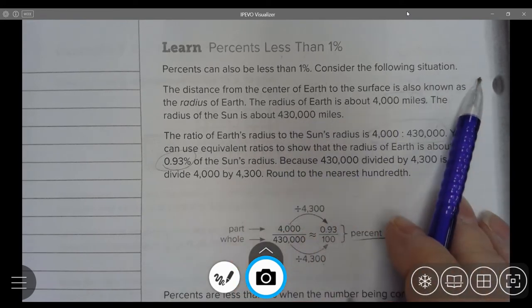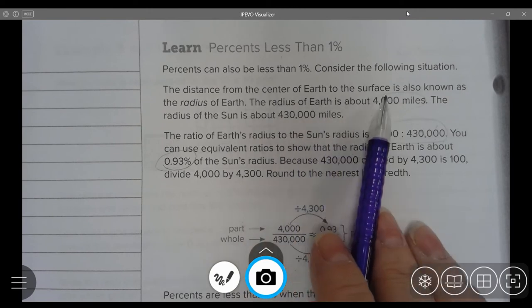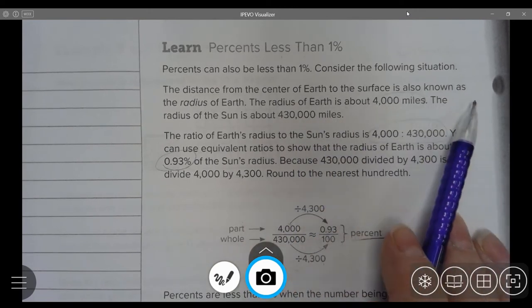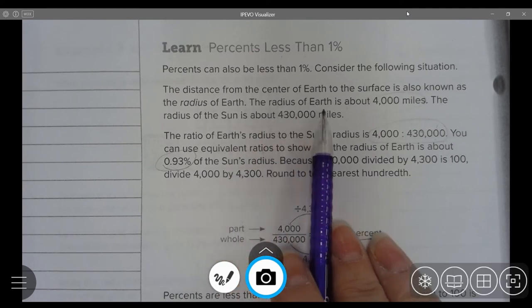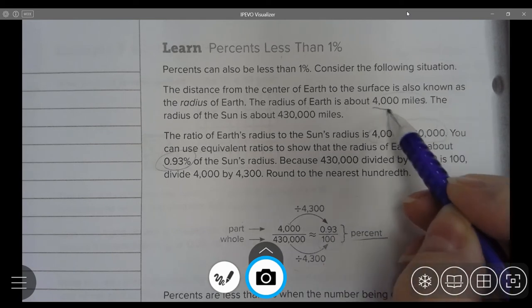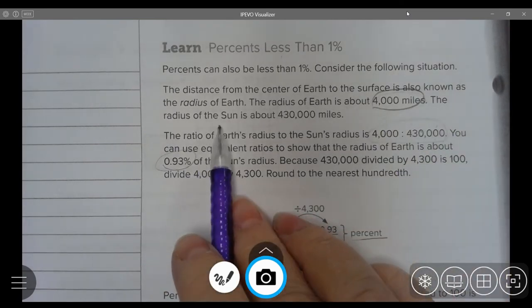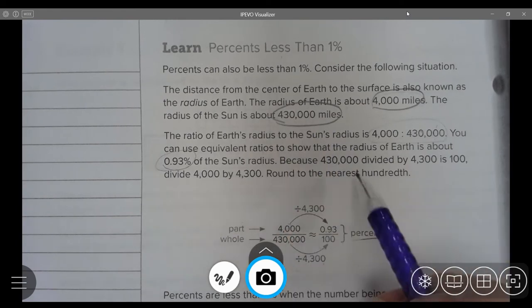Consider the following situation. The distance from the center of the Earth to the surface is also known as the radius of the Earth. The radius of the Earth is about 4,000 miles. The radius of the Sun is about 430,000 miles.